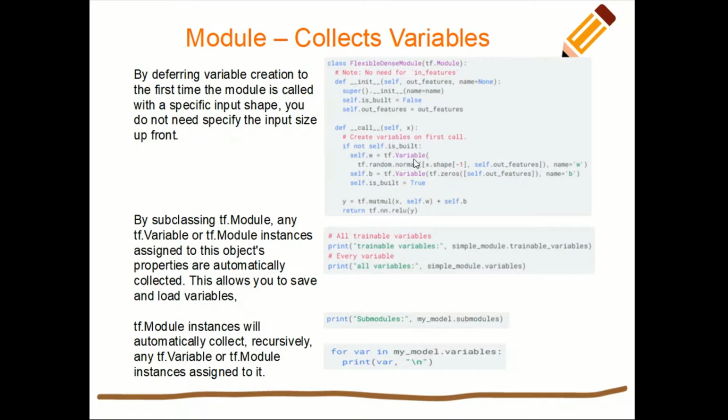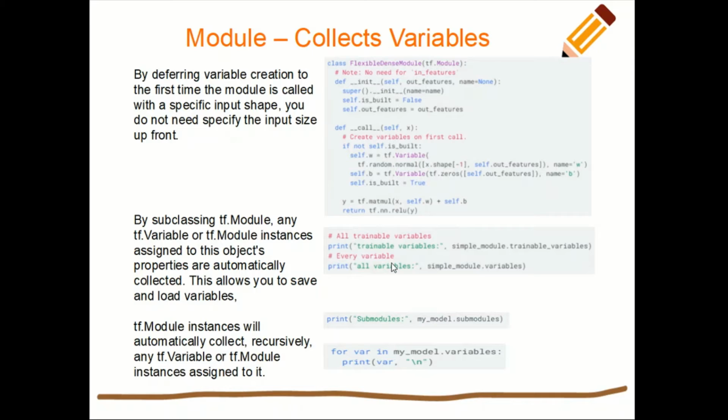So for example, in the last case we had a 1 by 3 input, right? So what is going to be done here is it is going to take the last dimension of 1 by 3, so that will be 3. So this will be 3 by whatever the output features are, right? So that's the concept of a little bit of flexibility. When we instantiate a layer, whatever the shape of the input, we will be able to create a layer out of it. That is the concept here.